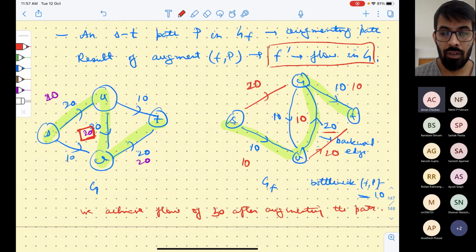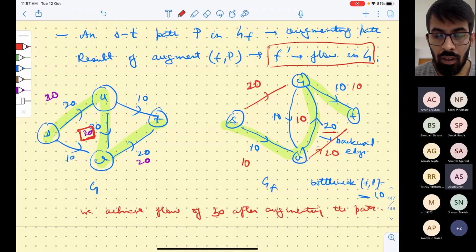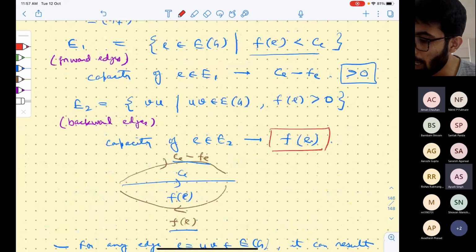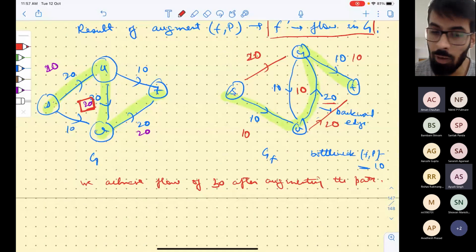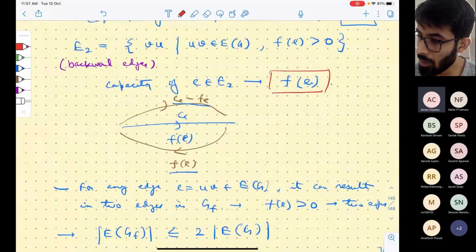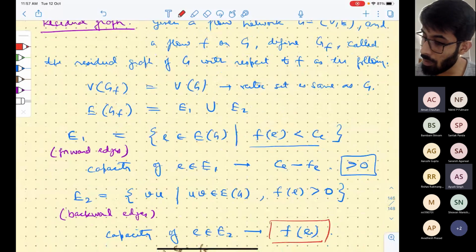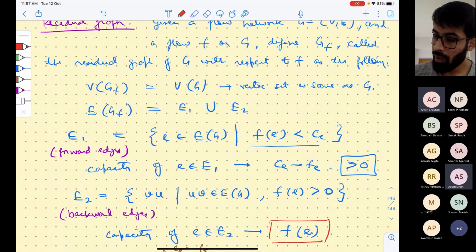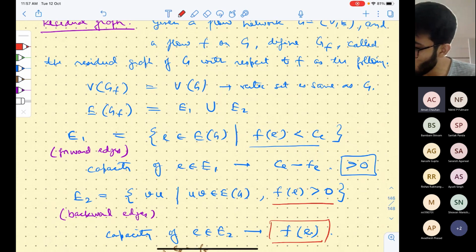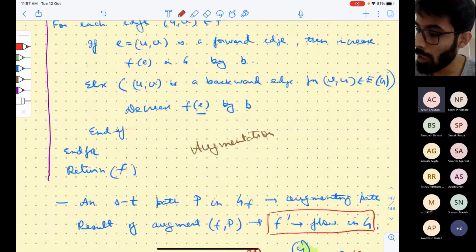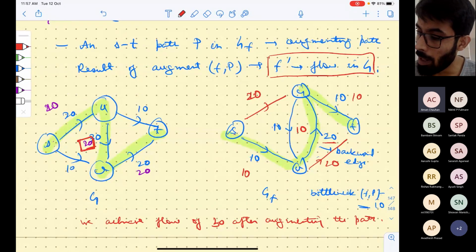So that is what is represented by the capacity of the backward edge. Sir, there will be no backward edges for SU and VT because they are full? The way we have defined, they don't exist. I have just drawn them in red to write the value of the flow. Actually, there will be no forward edge, but there will be backward edges, for Fe greater than 0.